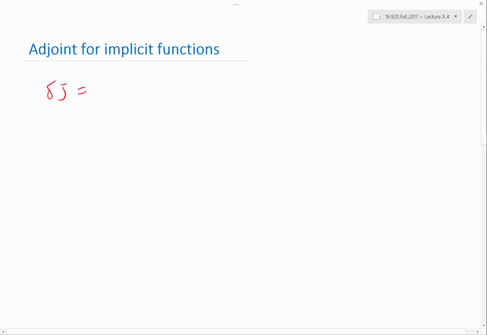So delta J is equal to partial J partial U times delta U plus partial J partial S. Then I add an adjoint field and multiply it with the derivative of this constraint.